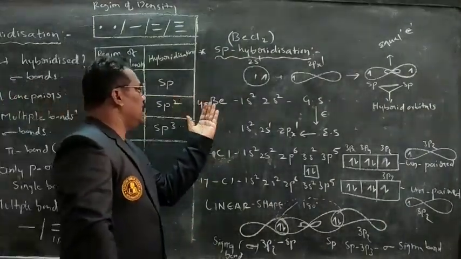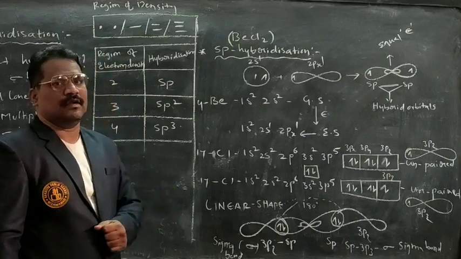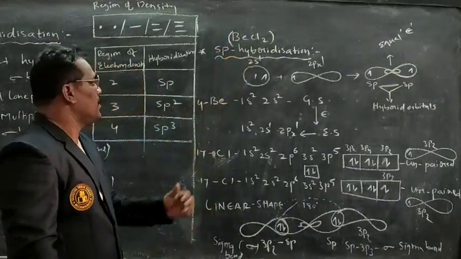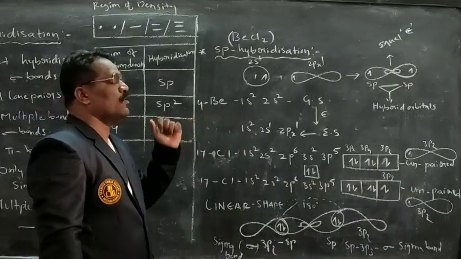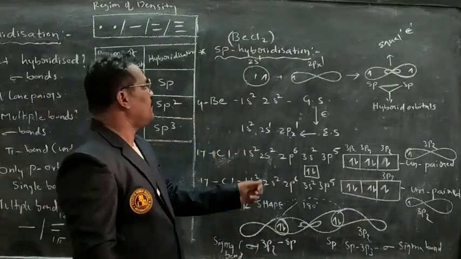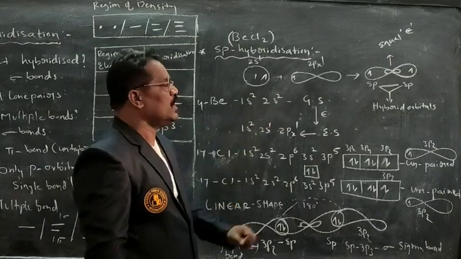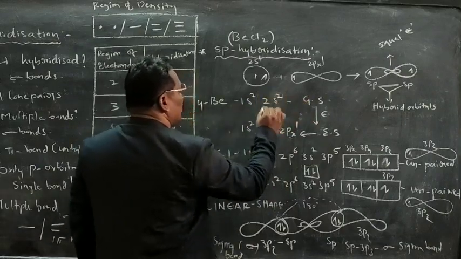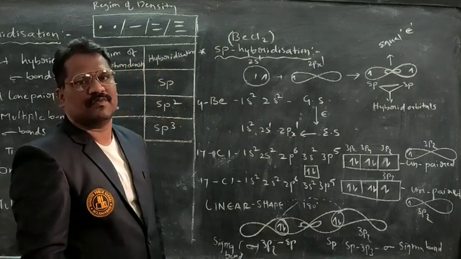It is a combination of beryllium plus chlorine. Beryllium atomic number is 4. Electronic configuration is 1s2, 2s2 in ground state. As it is completely paired, bond formation cannot take place.